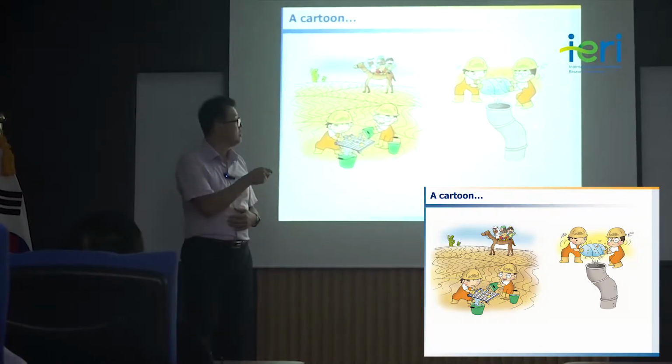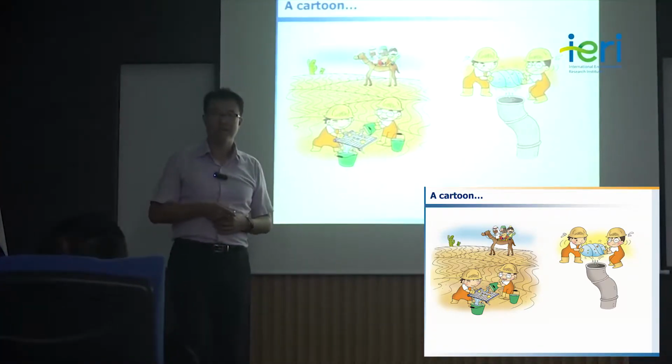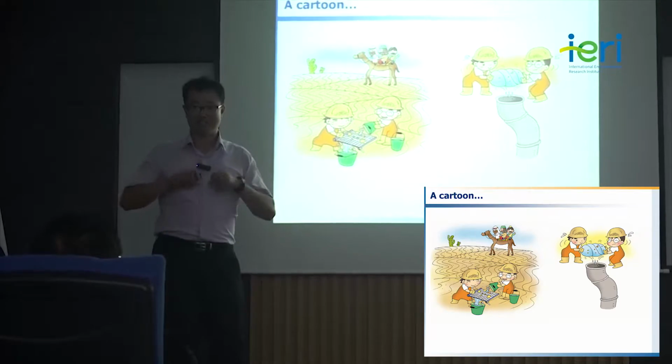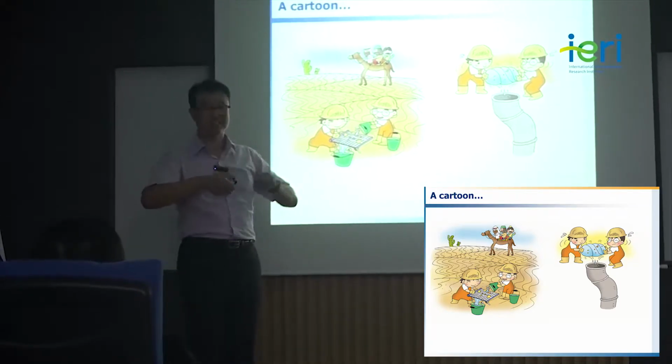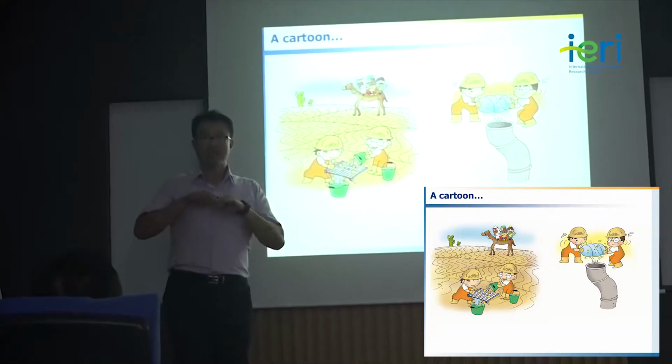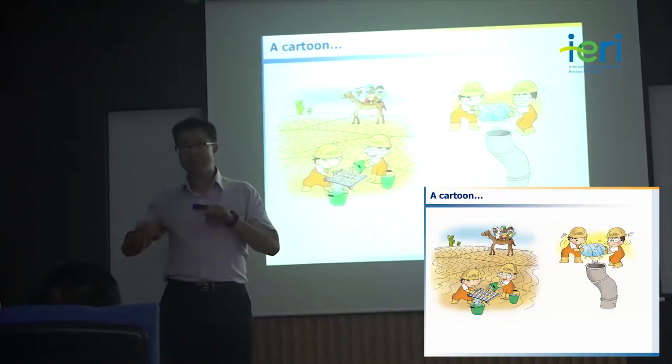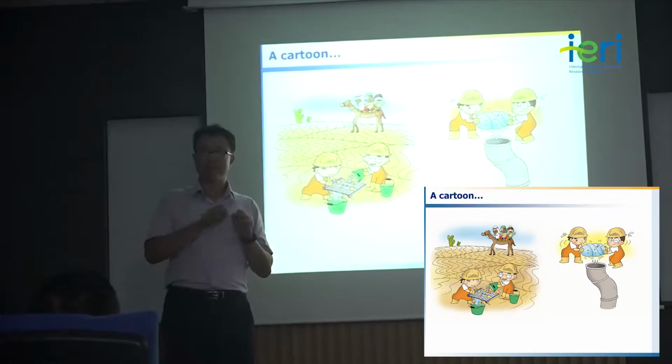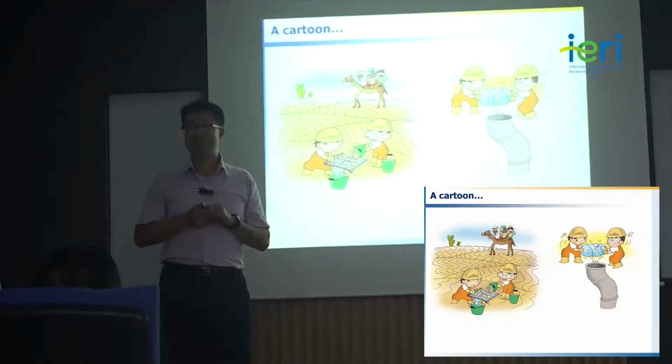And this figure shows the reverse osmosis membrane, like squashing seawater. By using this process, we can separate salt from seawater, so we can make fresh water.